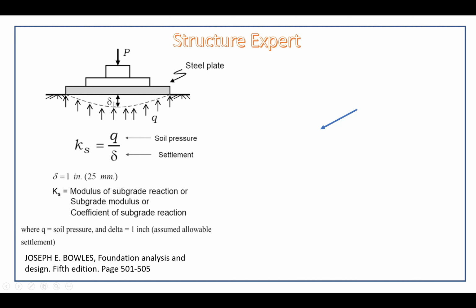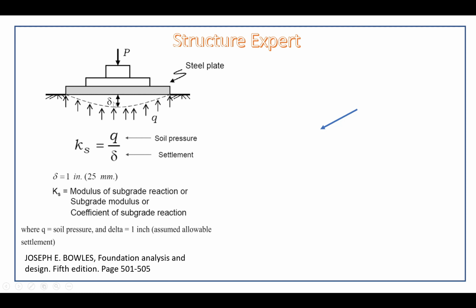You see here, it is the first formula proposed by Terzaghi. Ks equals 40 q ultimate, and the settlement here is 25 millimeter.